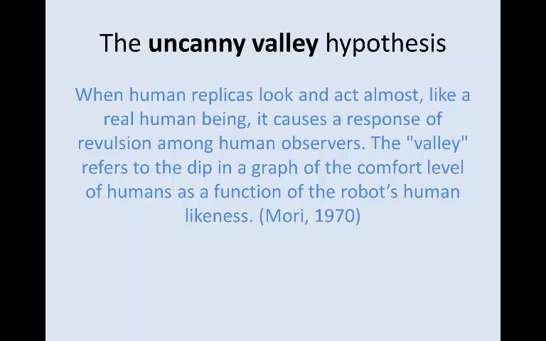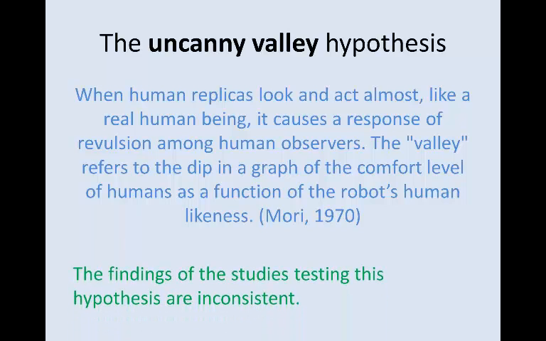So up to a point, it's positive to have similarities to humans in characters. But if there is too much similarity, that can cause negative perceptions in the players or users of the resource. However, even though the hypothesis is popular, it does remain a hypothesis. The findings of the studies testing this hypothesis are inconsistent.